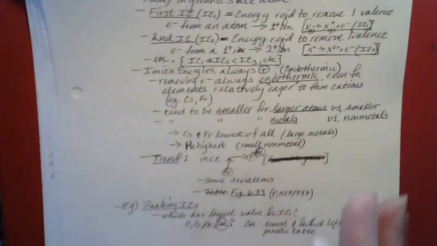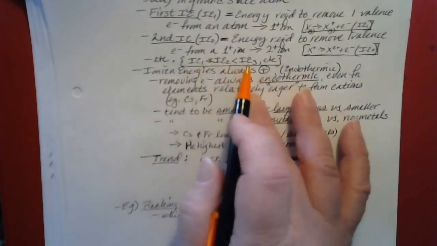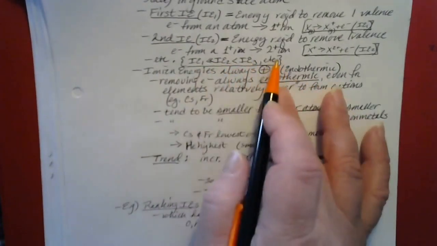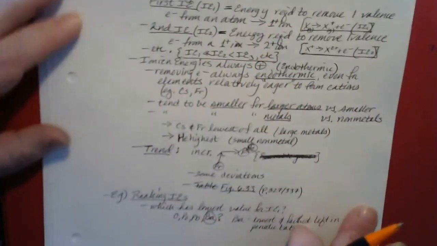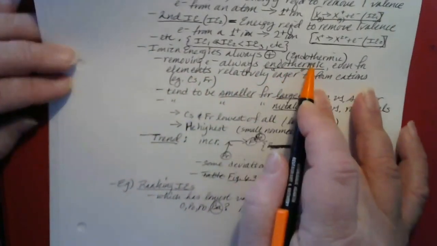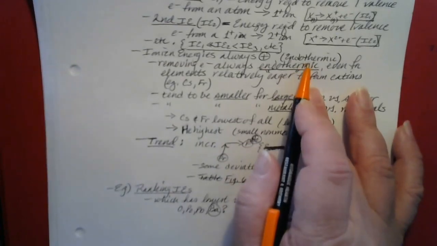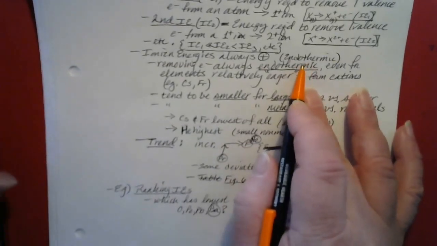But in each case, it's still true that the second ionization energy is bigger than the first, and the third is bigger than the second, and so on. Ionization energies are always positive because the process of taking an electron away from an atom or an ion is endothermic.